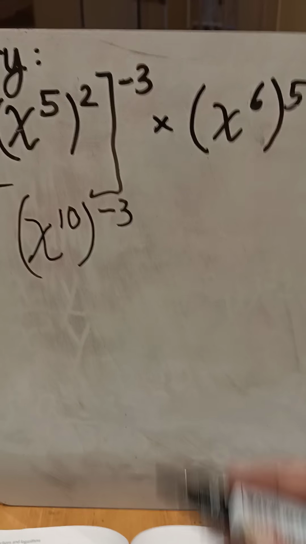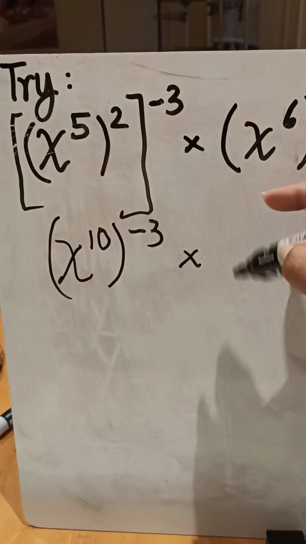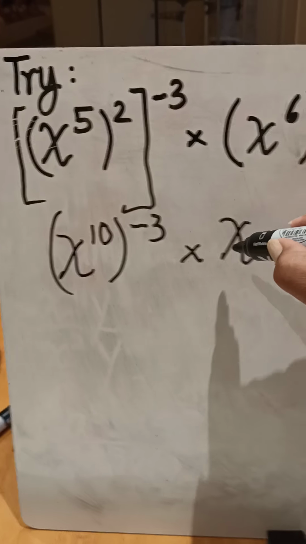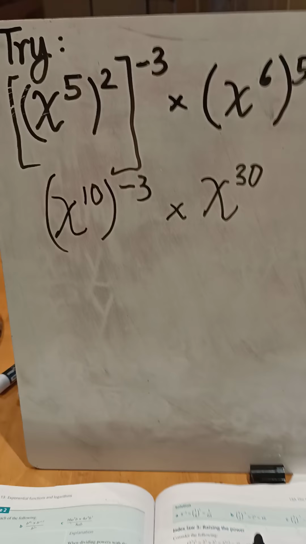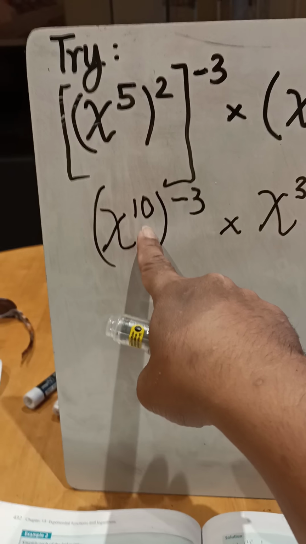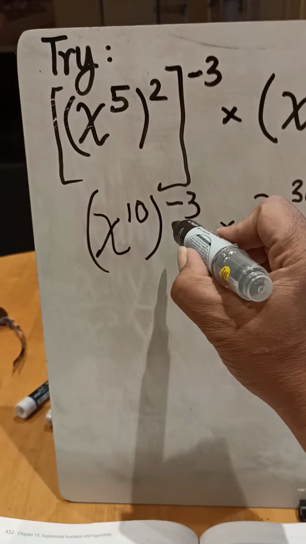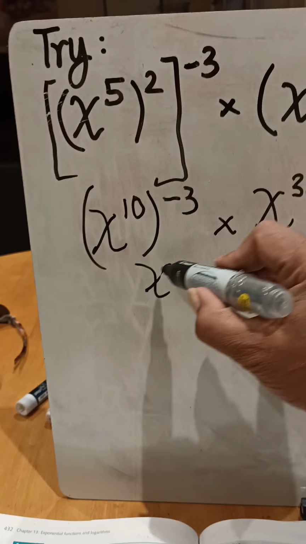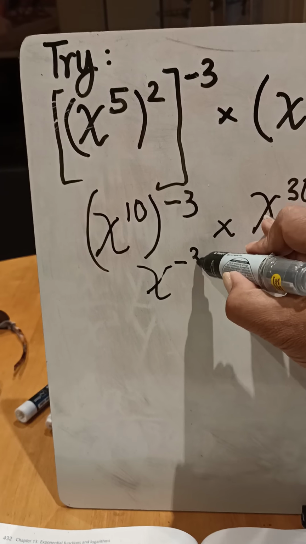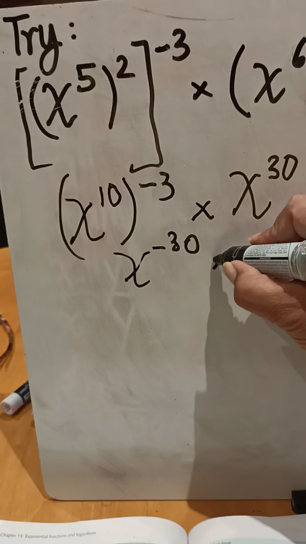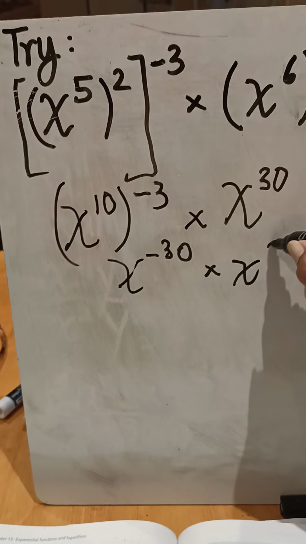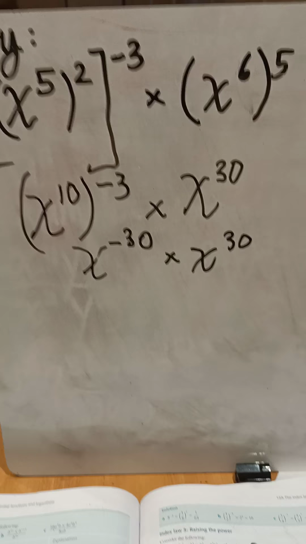And then times x here, it's only one bracket, x to the 6 times 5 is x to the 30. Now, x to the power of 10 times negative 3 is x to the negative 30. See that? Times x to the power 30.